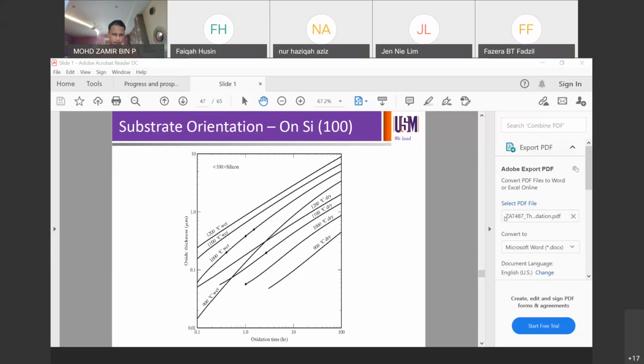How much is your thickness? 0.2 micron. So where is 0.2? So here's 0.2. Really? 0.2? Are you sure? 0.7 for Ika. Izian got 0.2. 1000 degrees C, 1 hour.